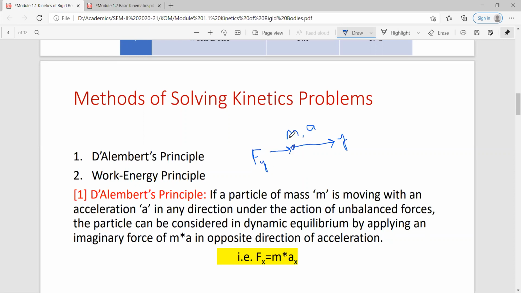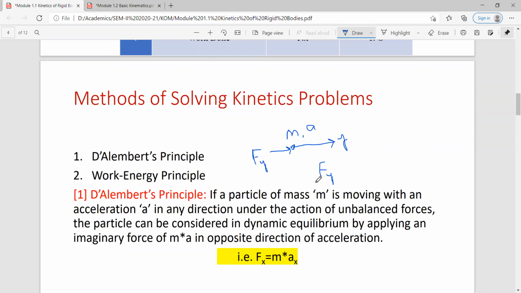What D'Alembert's principle says is about your active force which is causing the motion. There is some resultant force in y direction. Because of that, the body is undergoing acceleration.